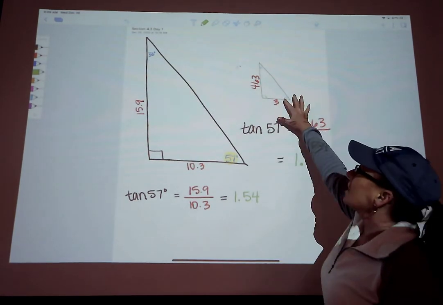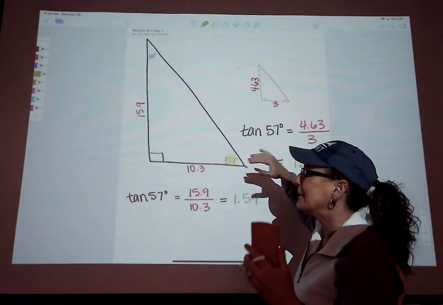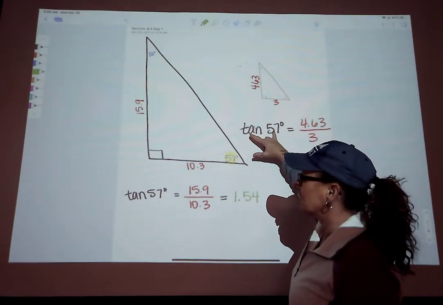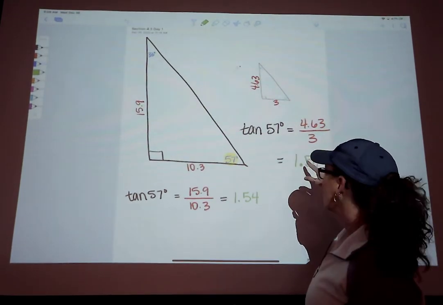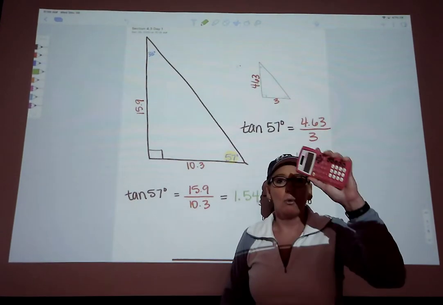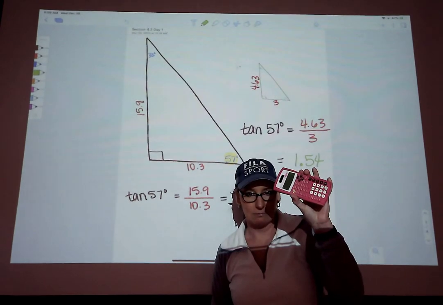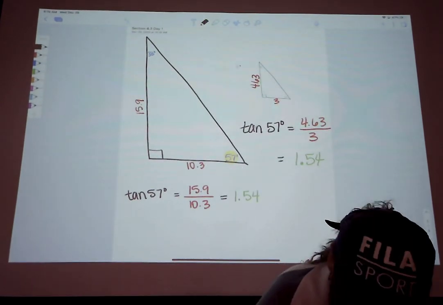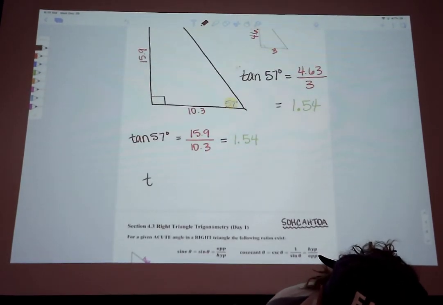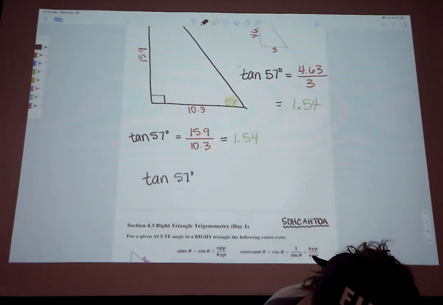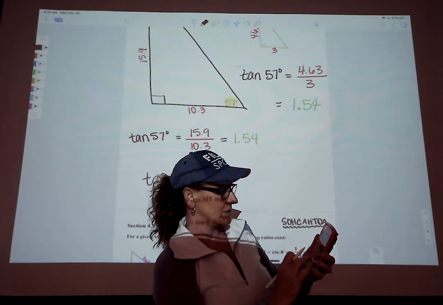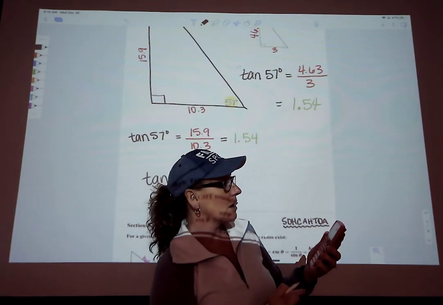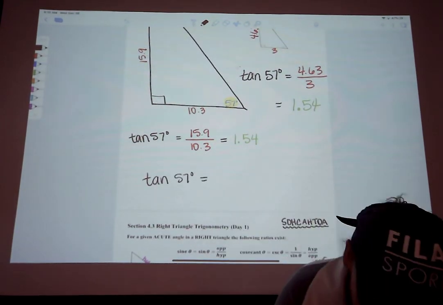This triangle is obviously smaller than this triangle, yet they still have that 57-degree angle, and my opposite and adjacent sides still compare in that same ratio. Wonder what my calculator tells me tangent of 57 is. Tangent 57 degrees. According to my calculator, tangent 57, 1.54.